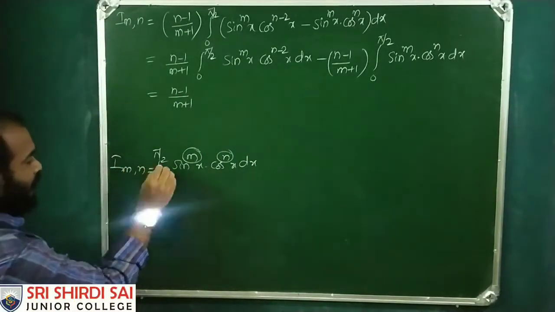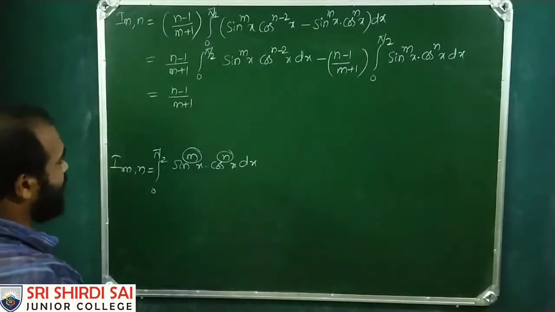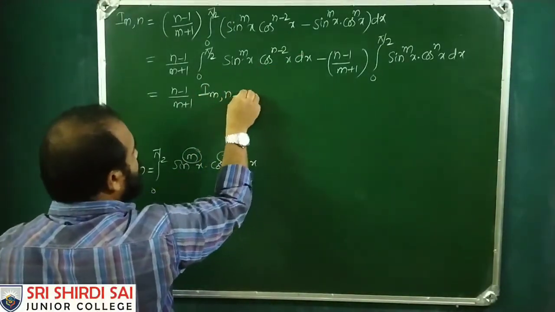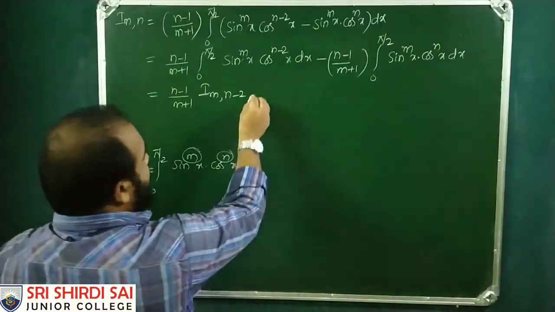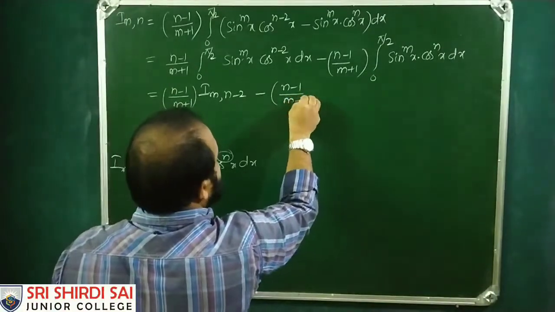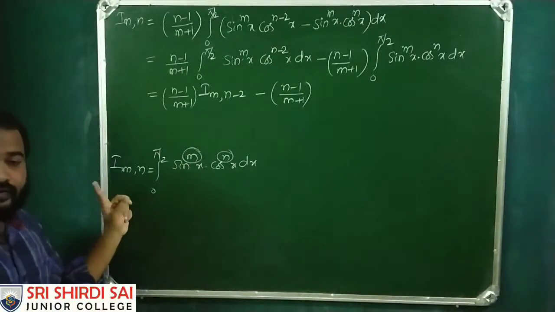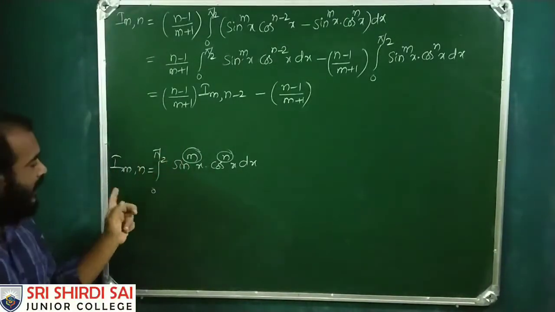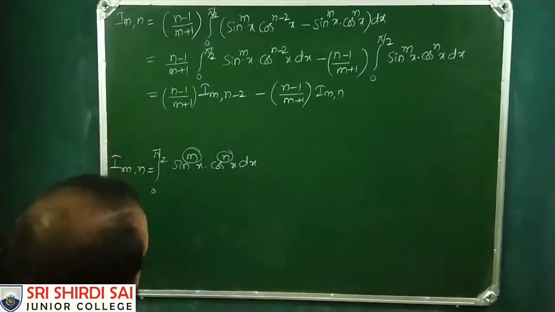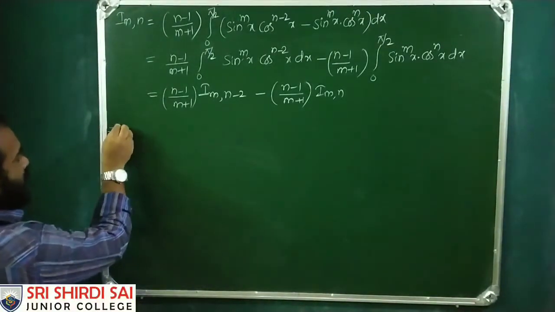In the same way, integral 0 to pi by 2 sin power m x cos power n minus 2 x dx can be treated as Im comma n minus 2, like this, minus n minus 1 by m plus 1 integral 0 to pi by 2 sin power m x into cos power n x dx, which we have taken earlier as Imn. So may I replace this with Imn? So this is equals to Imn.